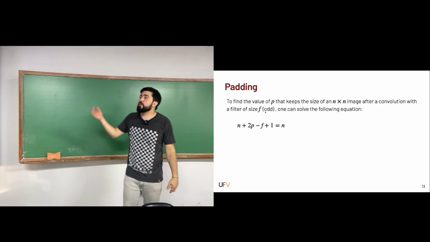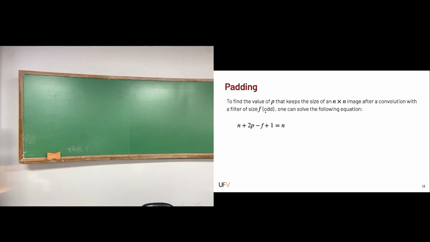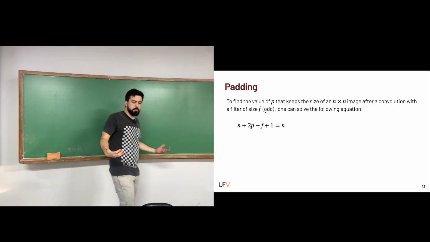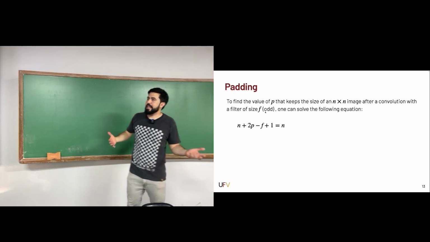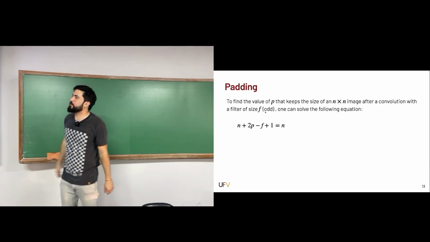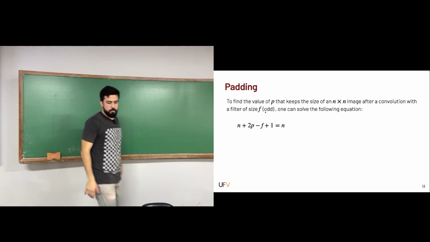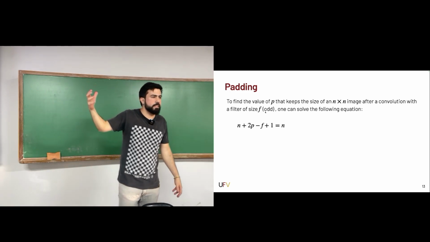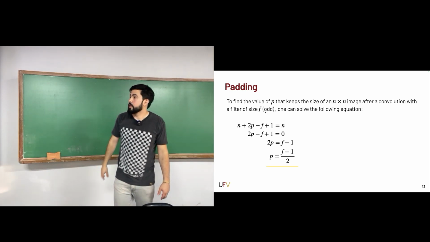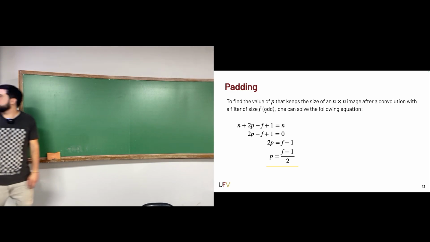And you just have to solve this equation, right? We just saw that this is the formula to compute the size of the transformed image. It's n plus 2p minus f plus 1. Don't worry, it's very easy to come up with that formula. You need that to be equal to n, the original size. So if you solve that equation, you would get p equals f minus 1 over 2.